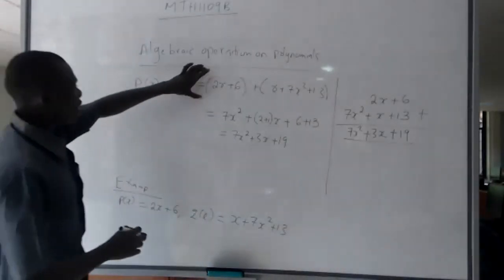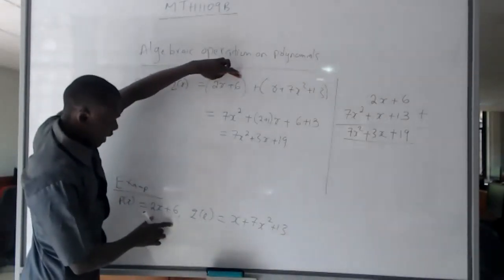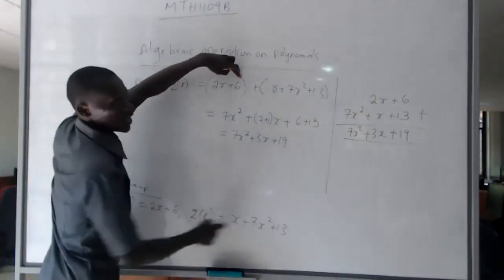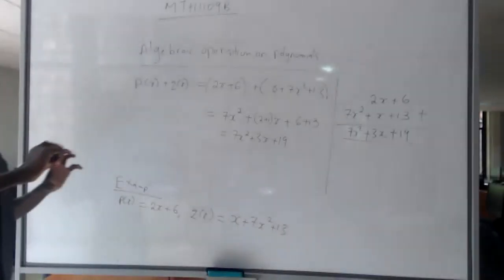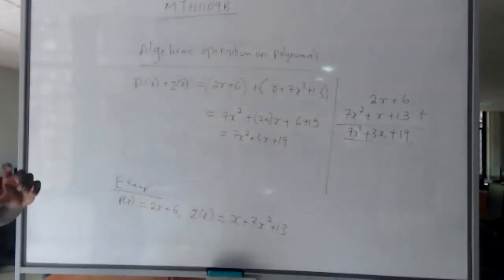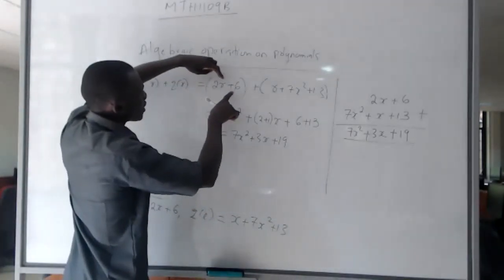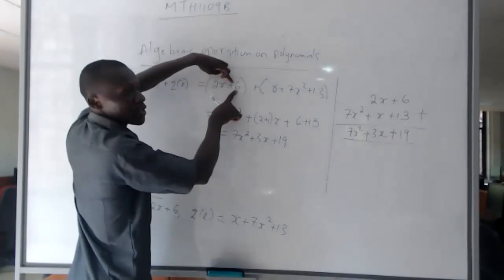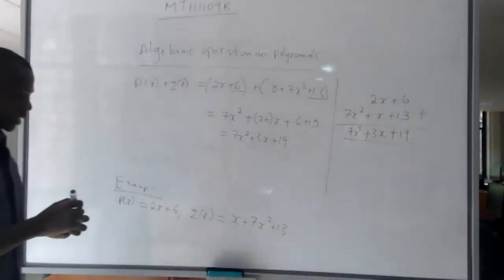So what I did over here, I was given P of x as 2x plus 6, and I was given the polynomial Q of x as x plus 7x squared plus 13. And the rule for adding is to identify the terms that have the same exponent. So for example, the constant term on the first polynomial is 6, and the constant term on the second polynomial is 13.